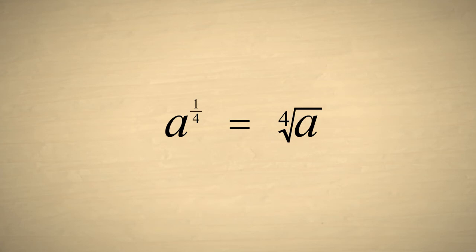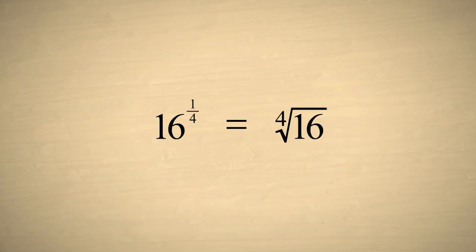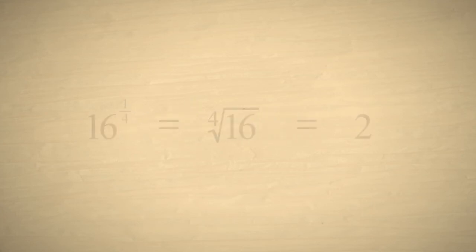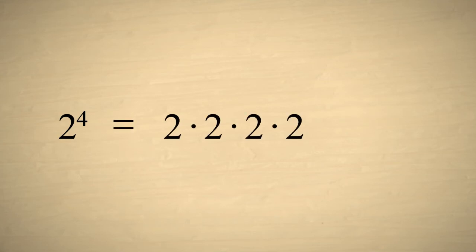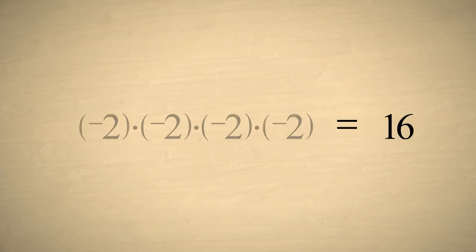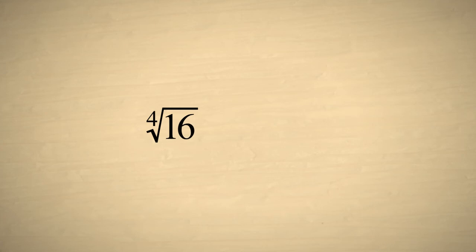If our number a is 16, then the 4th root would be 2, since 2 to the 4th power, or 4 2's multiplied together, is 16. However, 4 negative 2's multiplied together are also 16. So negative 2 is also a 4th root of 16. Just as with square roots, there are 2 4th roots of 16, one negative and one positive.